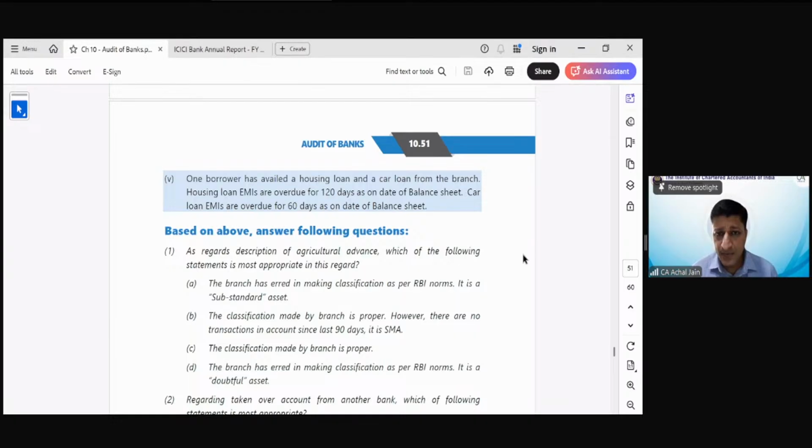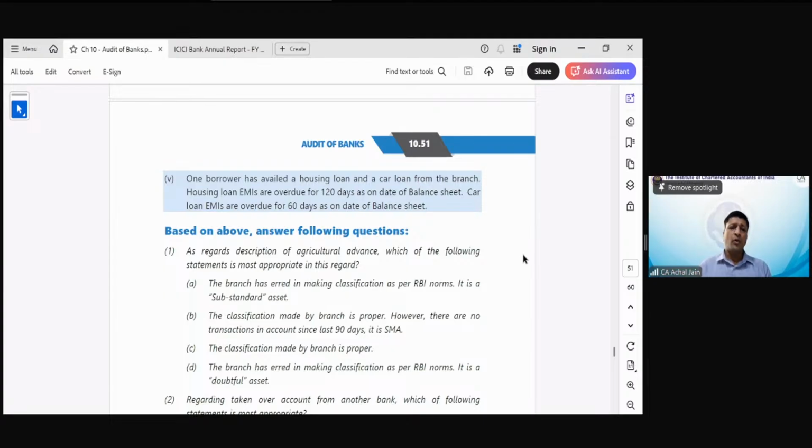It's a substandard asset. Second, classification made by the branch is proper. However, there are no transactions in the account since last 90 days. So it is SMA. Remember SMA? Third, classification made by the branch is proper. Fourth, branch has erred in making the classification as per RBI norms. It's a doubtful asset.